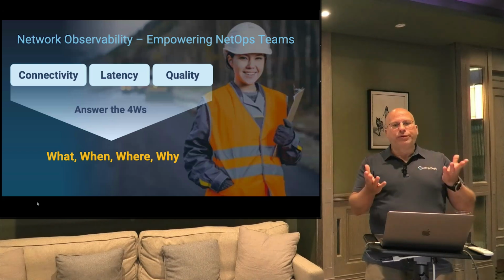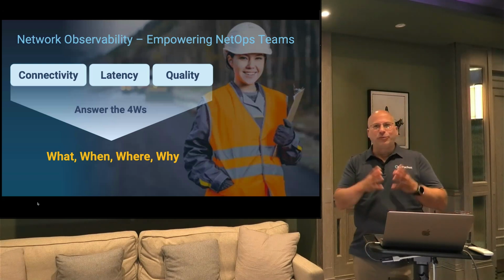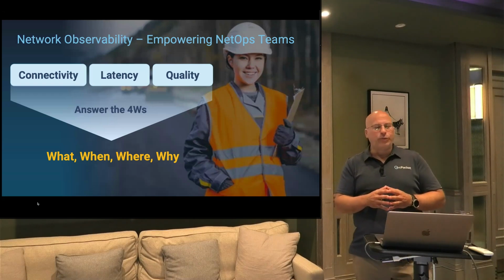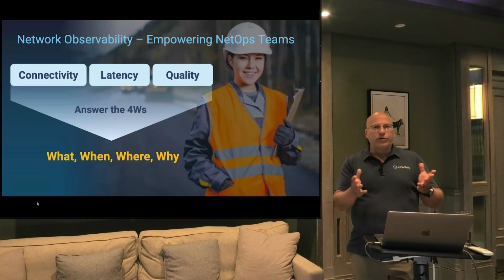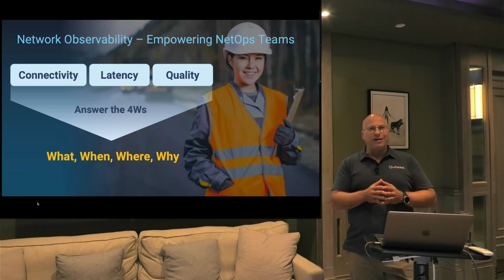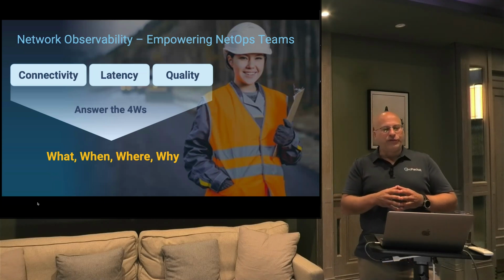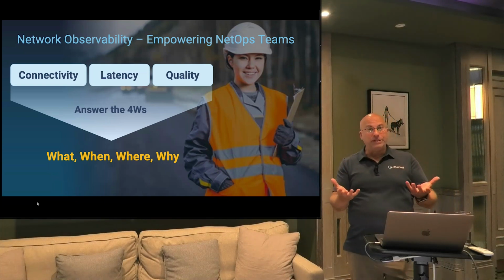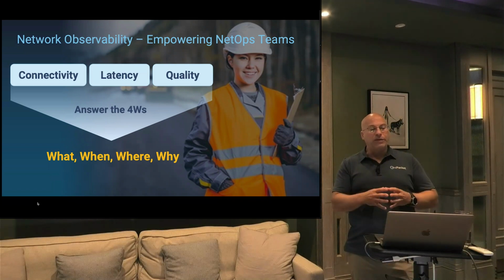So to recap, for network teams that need observability in order to be able to quickly root cause the issue, and in order to root cause the issue, they have to be able to answer the 4 W's, right? What happened, when did it happen, where and why. We try to give you a quick understanding of the capabilities that we have in the cPacket solution, as well as how they manifest themselves in our dashboards.